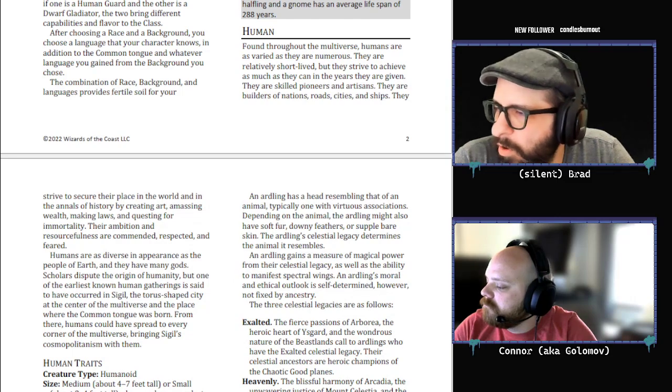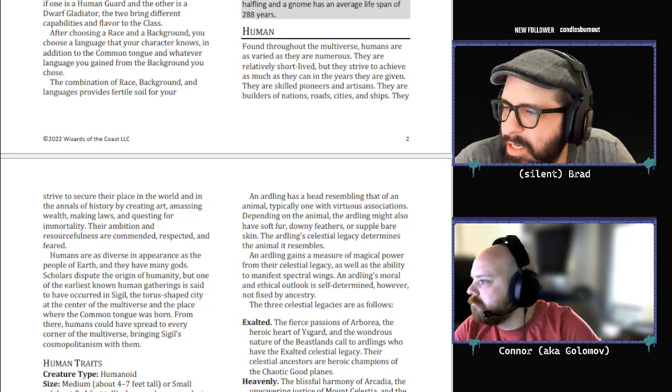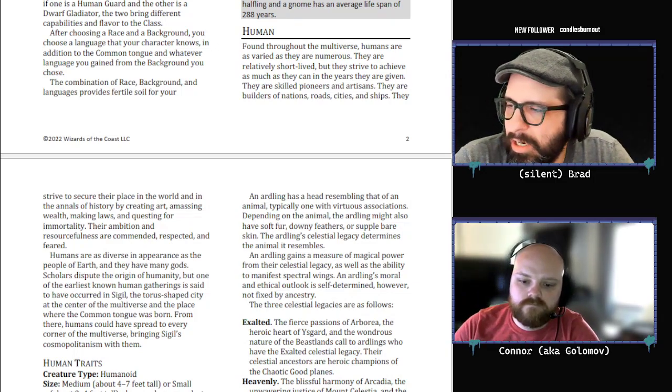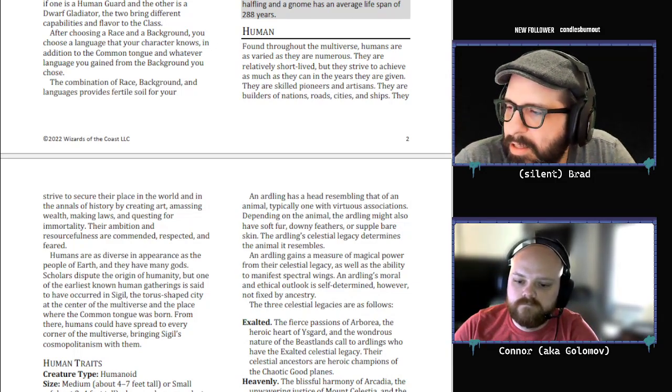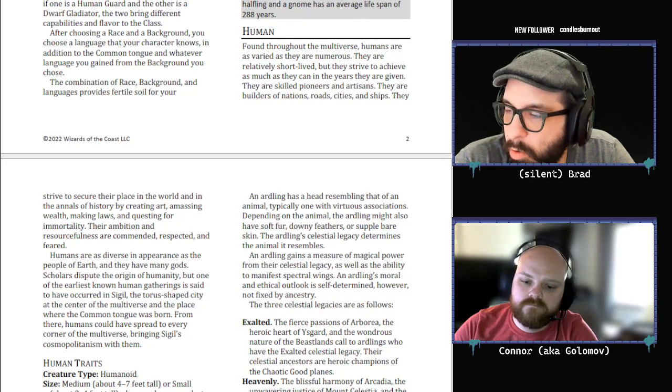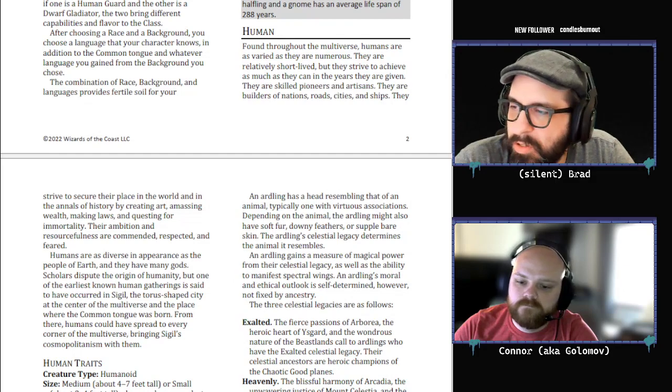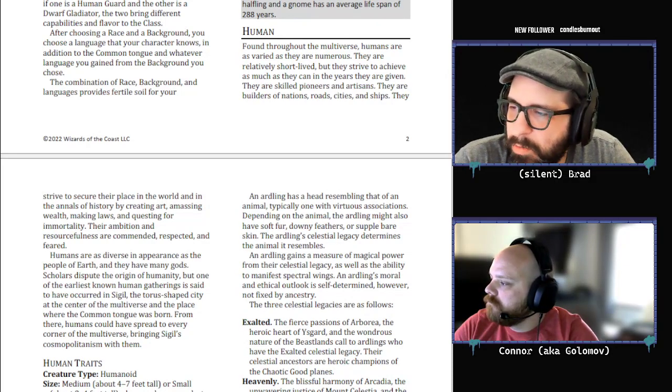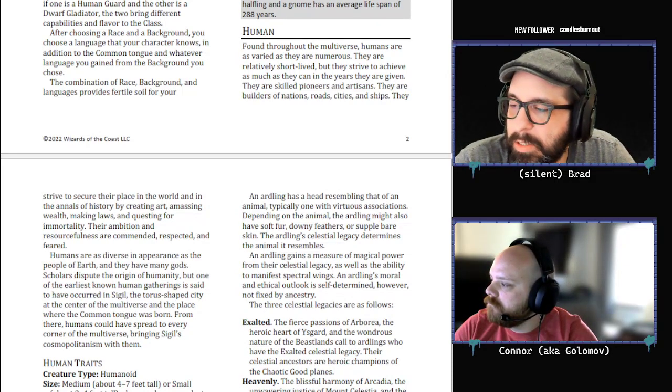Scholars dispute the origin, but one of the earliest known human gatherings is said to have occurred in Sigil, the torus-shaped city at the center of the multiverse and the place from where the common tongue was born. From there, humans could have spread to every corner of the multiverse, bringing Sigil's cosmopolitanism with them.